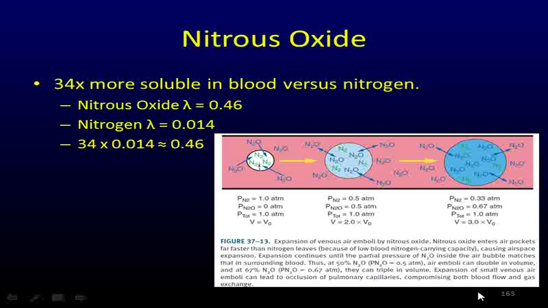So the accumulation of nitrous oxide in an airspace that is in a closed vault. The airspace gets bigger. Imagine you have a bubble in your brain, and you have a closed head, the skull is closed.